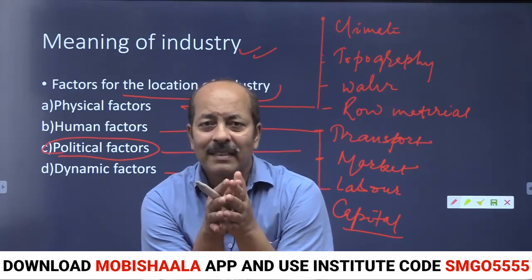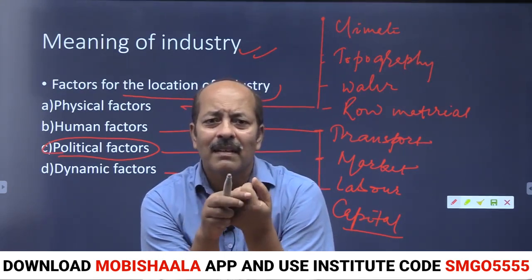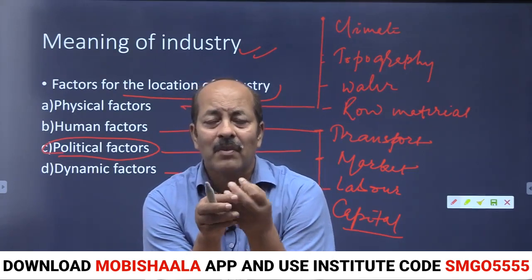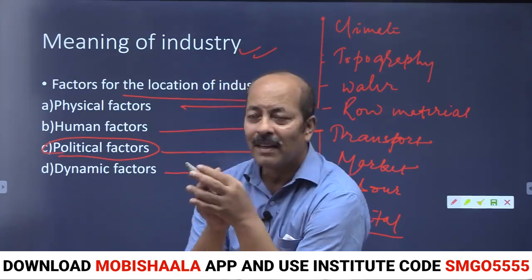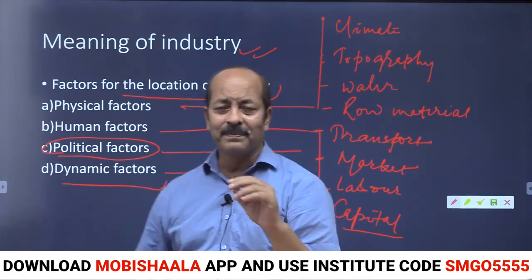So this is the political aspect. Sometimes we establish industry in some area even if it is not economically beneficial, in a particular zone or area. The next is the dynamic factor.